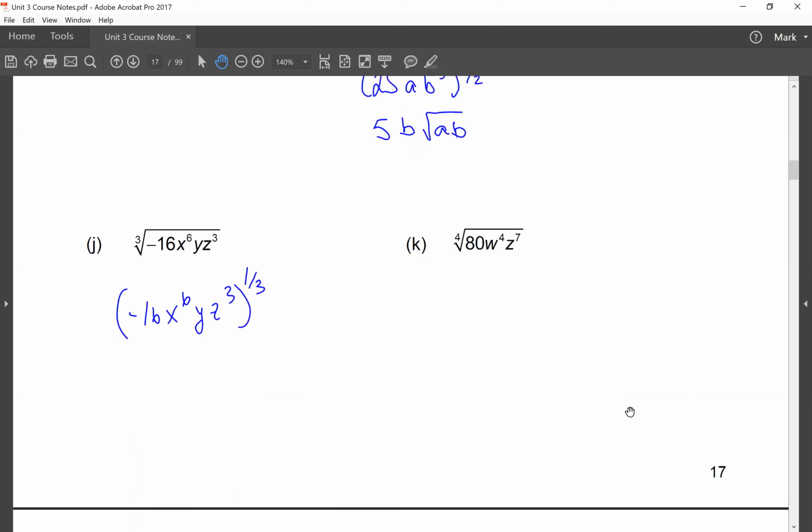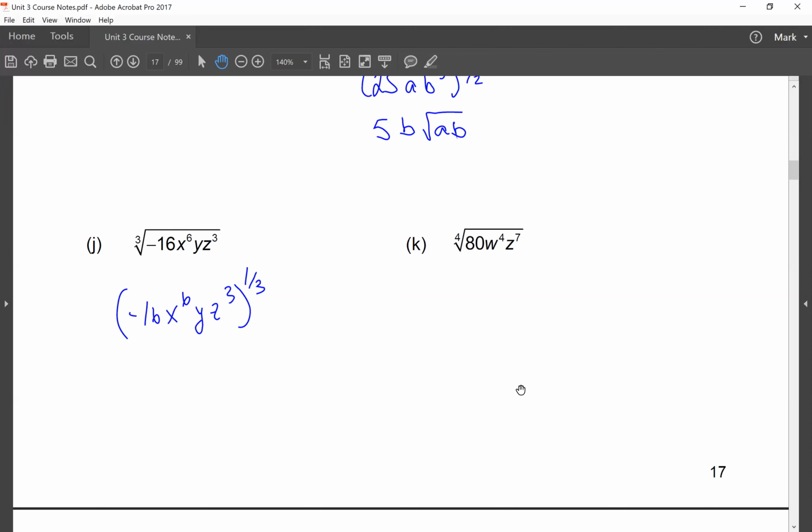Let's look at J. Now, the problem with J is I have a negative sign in here. You can try this on your calculator if you want. You can try to take the cube root of negative 16. Well, it kind of works, it kind of doesn't work. The cube roots are okay to have a negative in there, but for 16, there is no nice number.